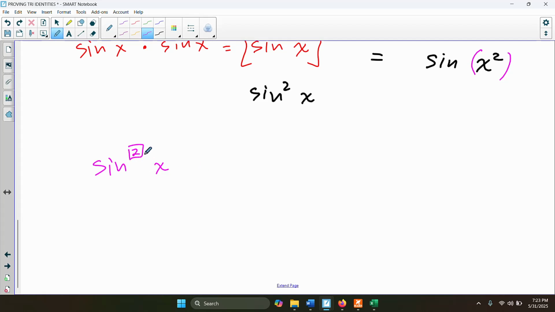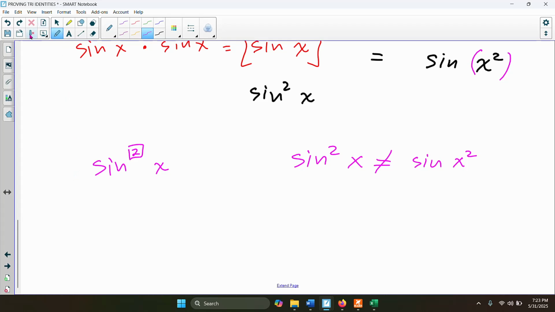If nothing's written there, it's a simple 1, just like regular exponents. If there's no exponent, it's an invisible 1. So I want to emphasize this so you don't wonder what this is. It is not the same as sine of x squared.